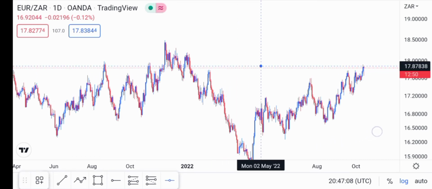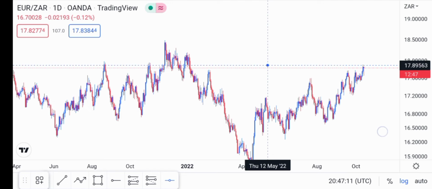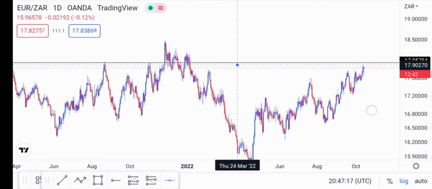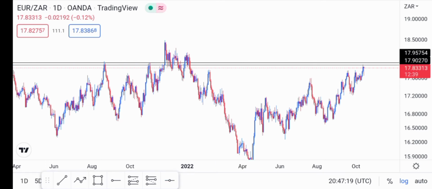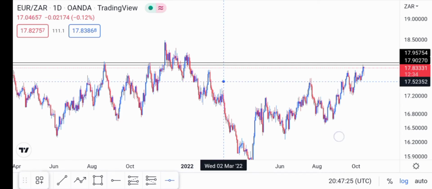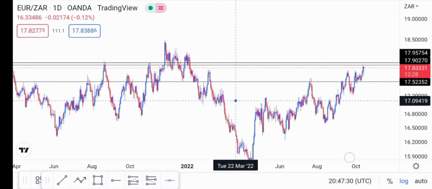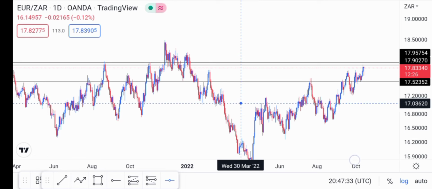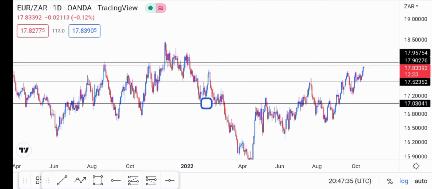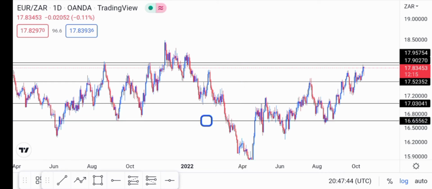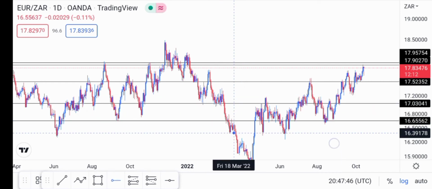So I'm just going to use, okay, from this point right over here, this level, and here's a zone. So if we cater for it like that, again this level, we can say this level again, this one right over here, and so forth.